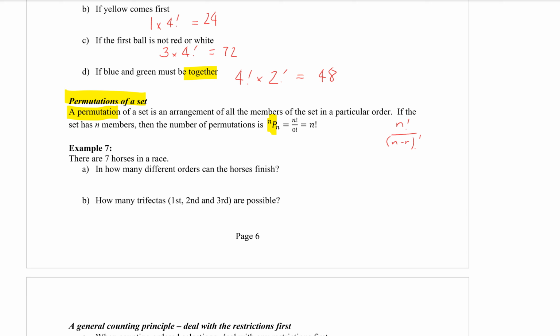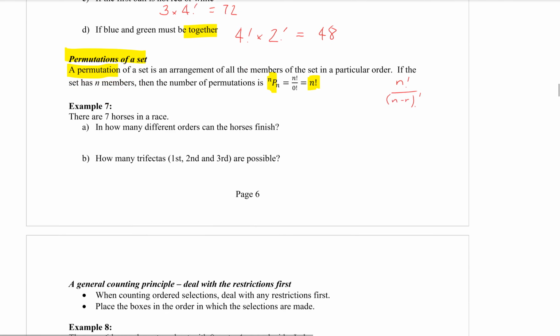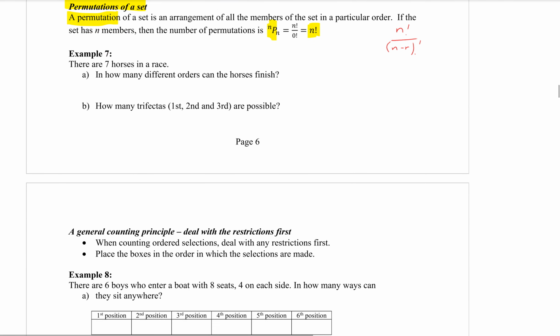Do you remember what 0 factorial has to equal? 1. And this is another reason why, because we cannot have a 0 on the bottom of a fraction, or all of a sudden we can't do any math with this anymore. So 0 factorial is 1, which means that's just n factorial. Which we already knew, but there it is shown with the formula that it works that way as well.